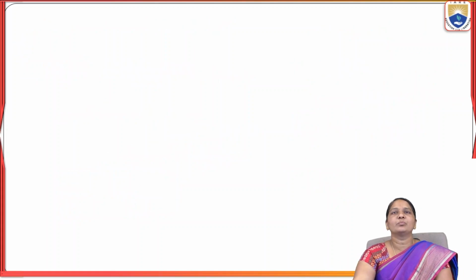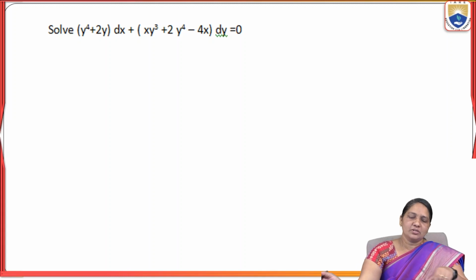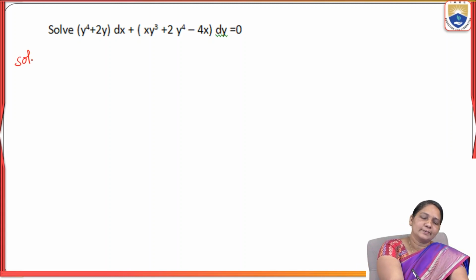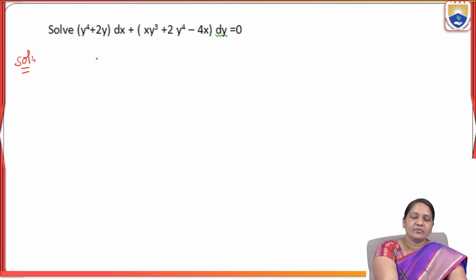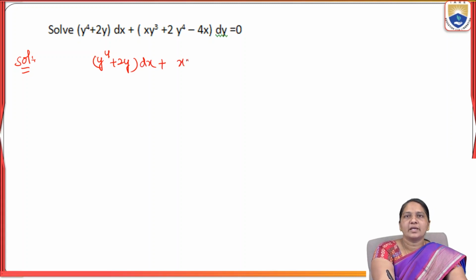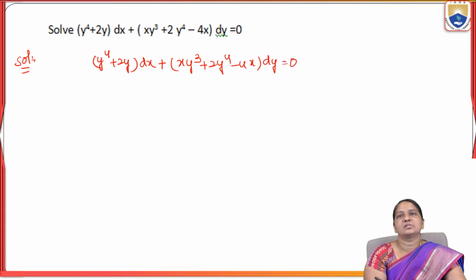We are moving to one more example. Observe the given equation: (y⁴ + 2y)dx + (xy³ + 2y⁴ − 4x)dy = 0.